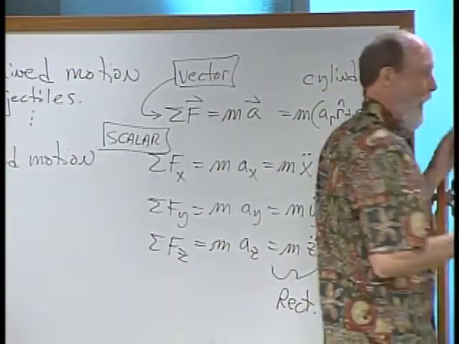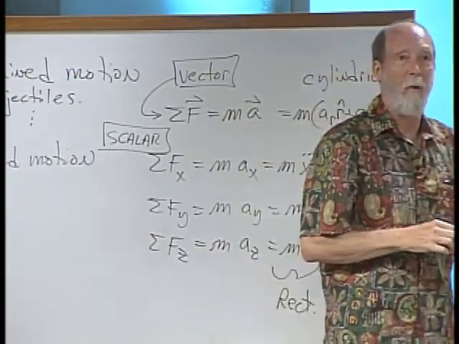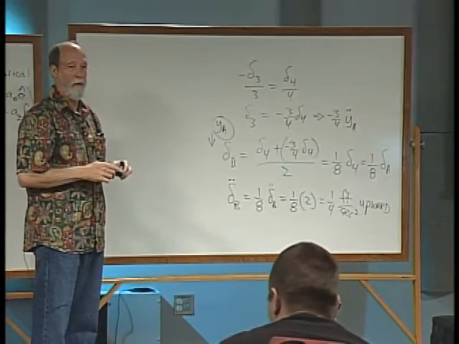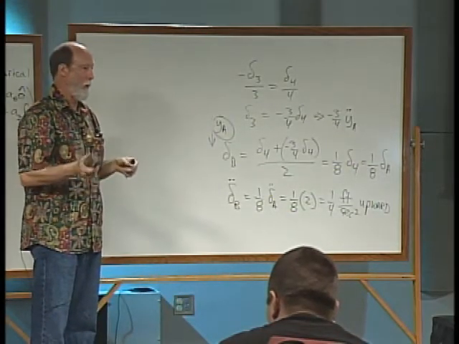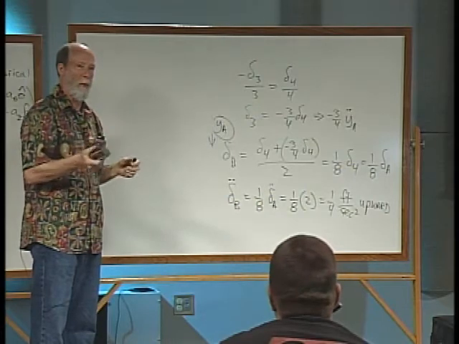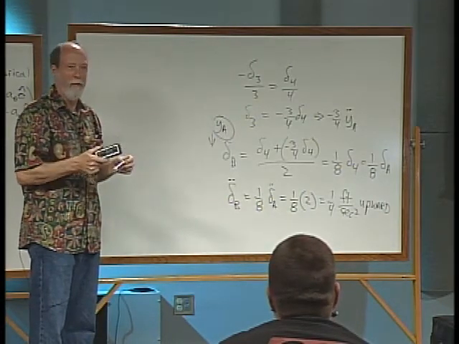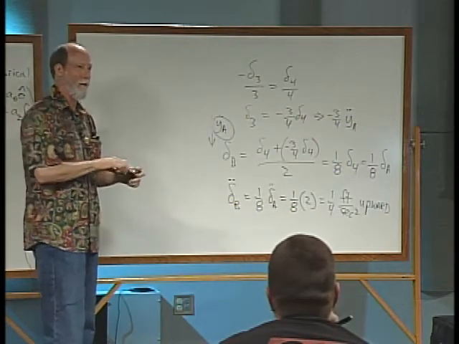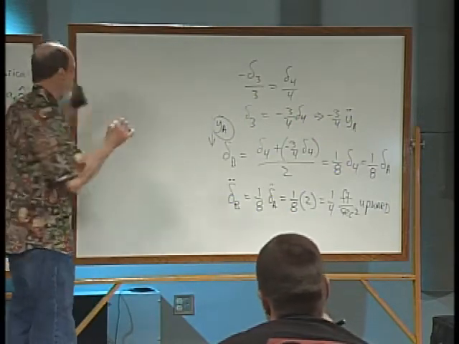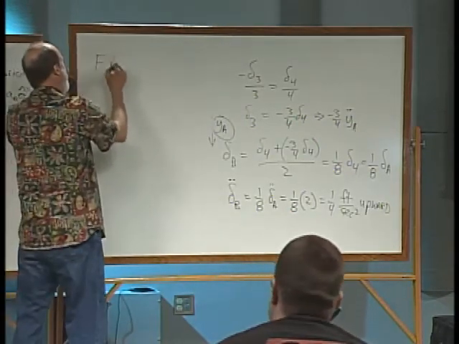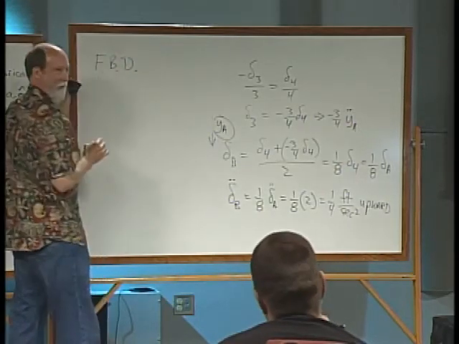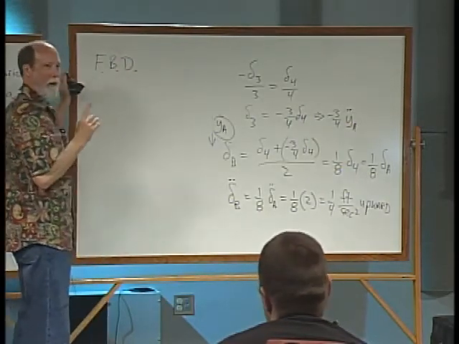Now, you've taken statics. Most of you have taken strength of materials, and now you're taking dynamics. What's one of the most important things that you have to draw when you're doing these kind of problems? Okay, that's ingrained in your brain. Okay. Free body diagrams. Absolutely critical.